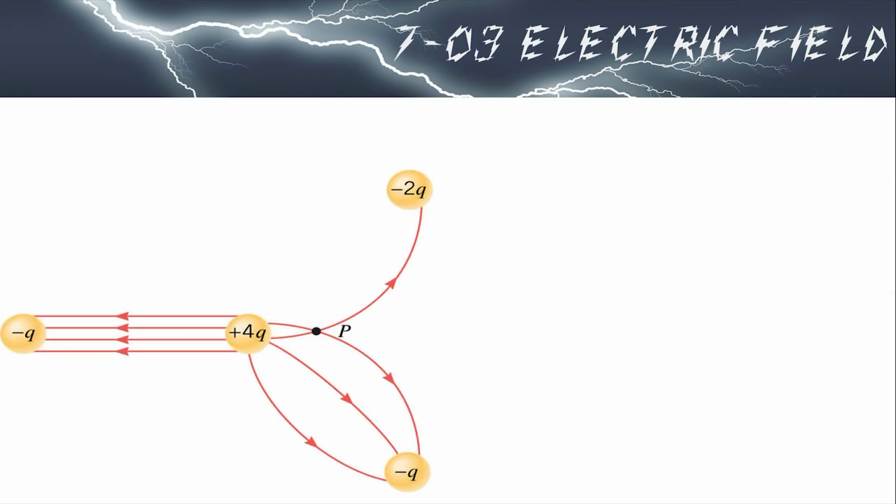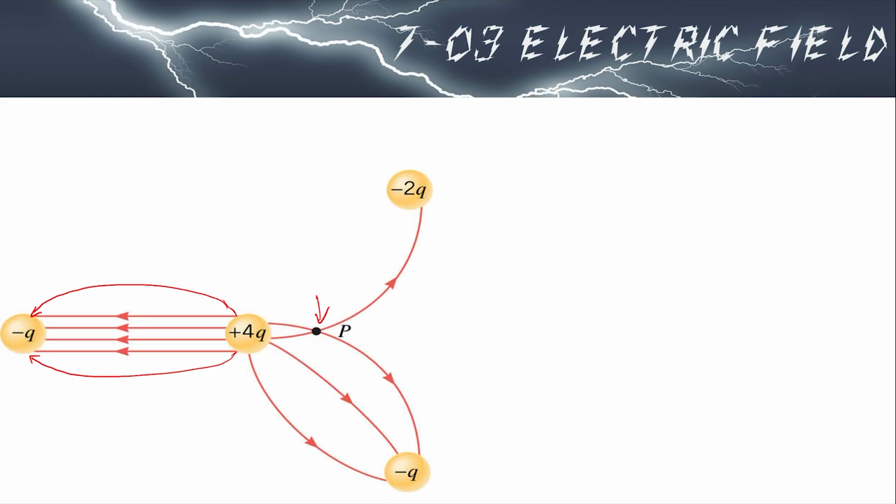Here is a really bad electric field map. What are some of the things wrong with it? Well, on the left, our lines should leave at 90 degrees, so they should be kind of curved.